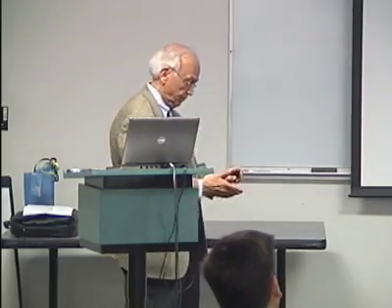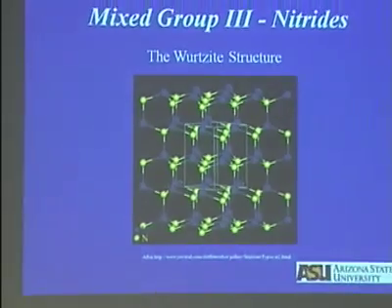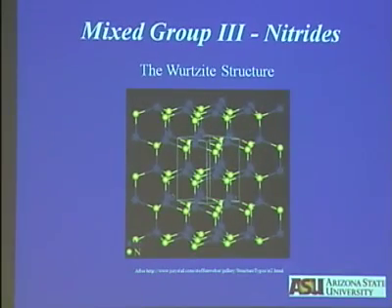Now, shifting gears, coming to the group 3 nitride materials, you will see conceptually they are very similar. The crystal structure is different. These materials crystallize in the wurtzitic structure, which I've tried to show you. For the nitrogen, you can choose blue or yellow color. These are group 3 atoms, and these are group 5 atoms.